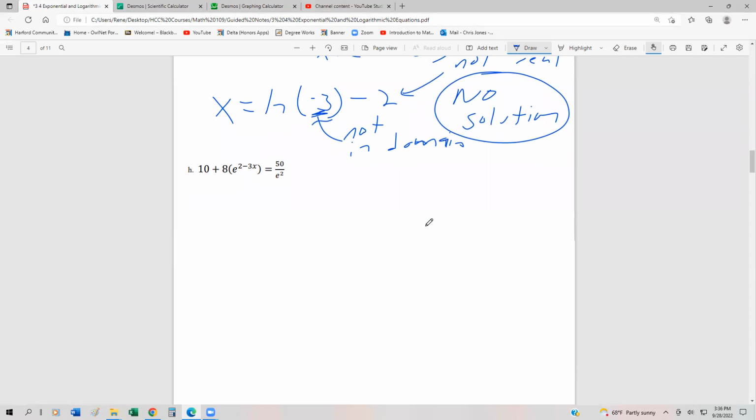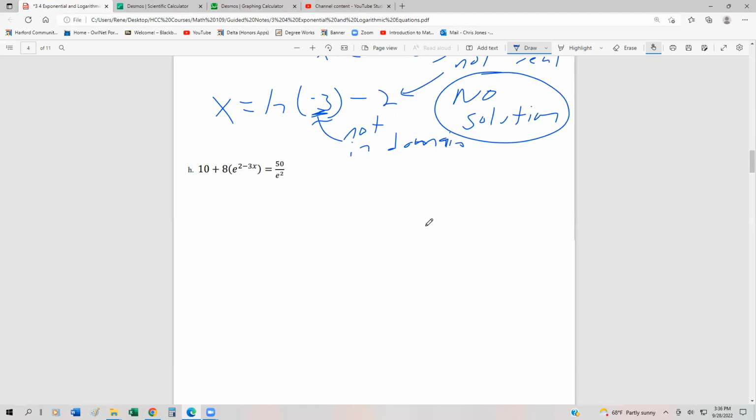One last example for this video, we have 10 plus 8 e to the 2x minus 3 equals 50 over e squared. Right? So let's see if we can get some sort of common base for this. So at least maybe we can try to simplify this somehow. All right.